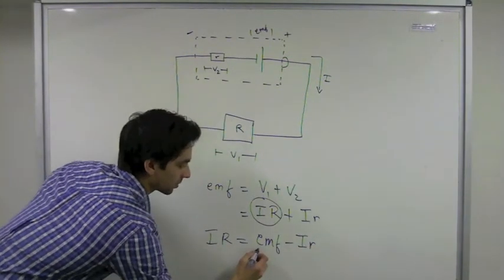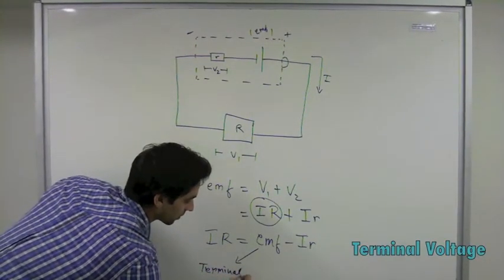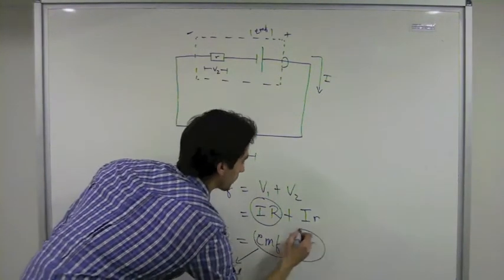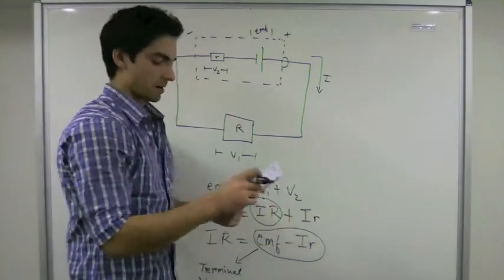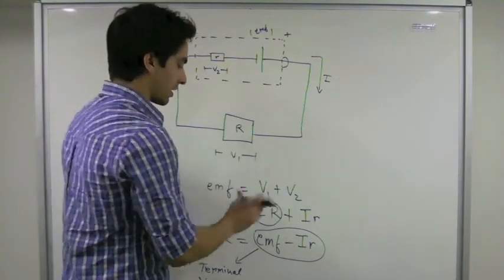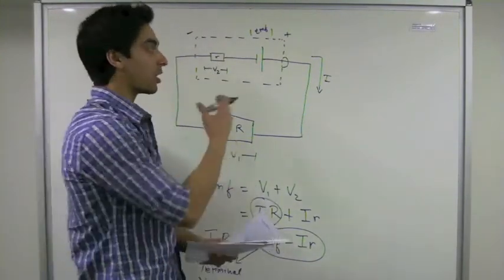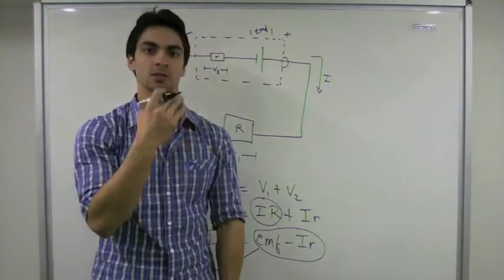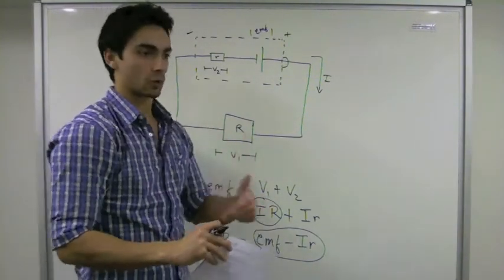This here is the terminal voltage: the EMF supplied minus the current multiplied by the internal resistance. The terminal voltage shows how useful this battery actually is to the external circuit, because the internal resistance is a hindrance to providing energy.